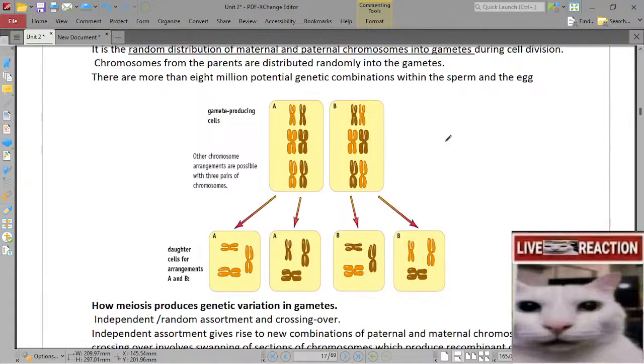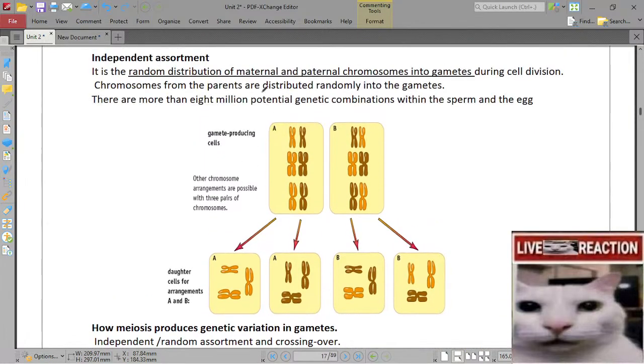In gamete producing cells, other chromosome arrangements are possible with the 3 pairs of chromosomes. So when this divides, you'll have pure, and then kind of weird, right?